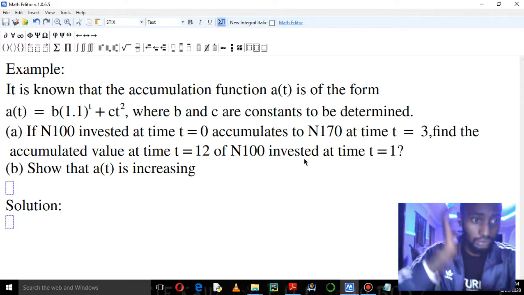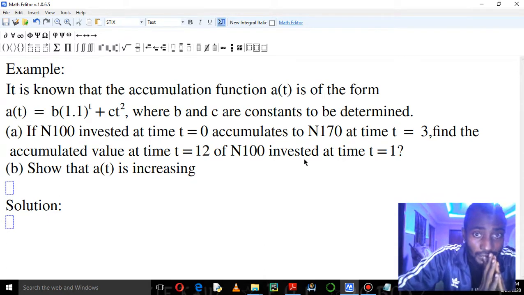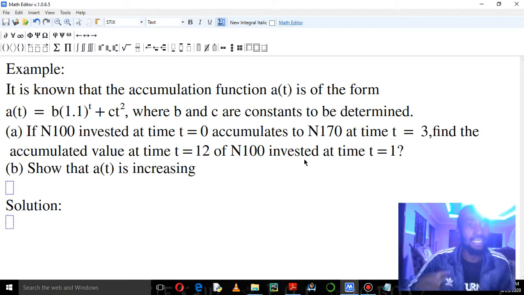So let's solve this. The first thing we are going to do is to find our b and our c. As I have said, we are going to use this first information given to find our b and our c.